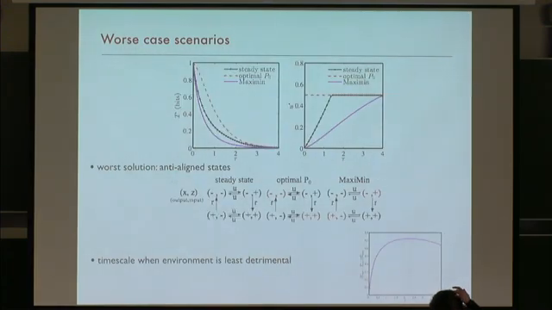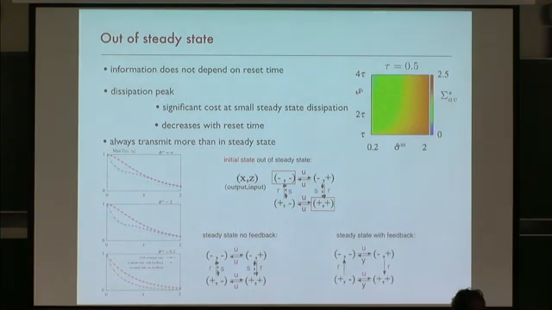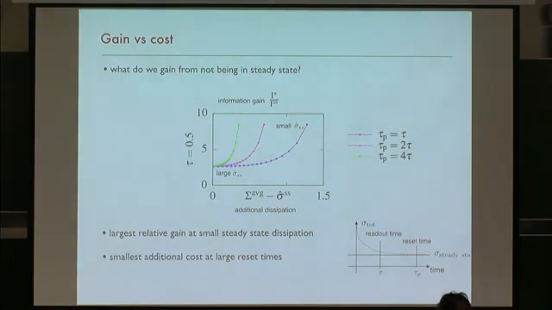Okay, so I'm just going to stop. If you're interested, we actually did look at what happens when you're out of steady state, and how much you have to pay when you're kicked out of steady state.